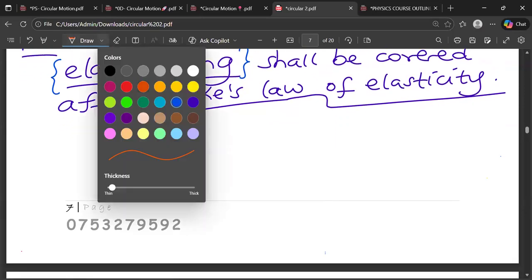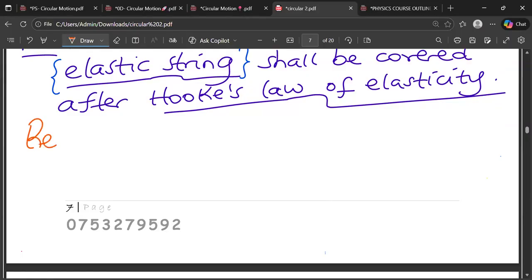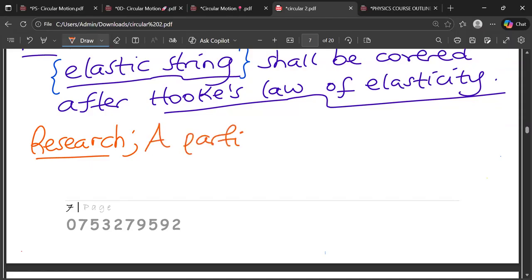Then the other research of mine: the syllabus never specified that we should give you calculations concerning a particle on a rotating disk. Research about a particle on a rotating disk.